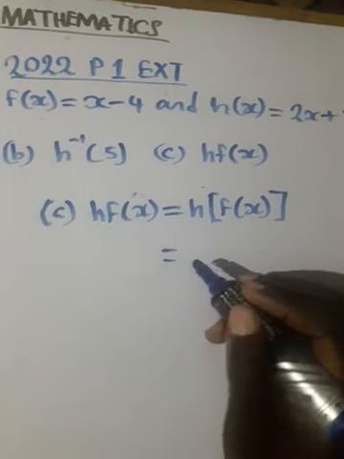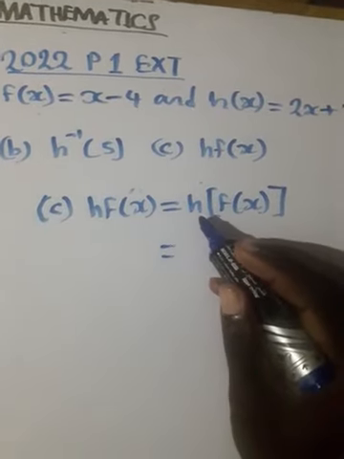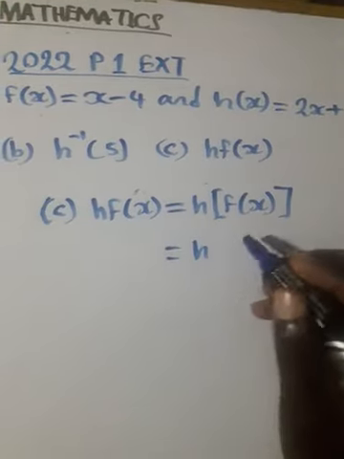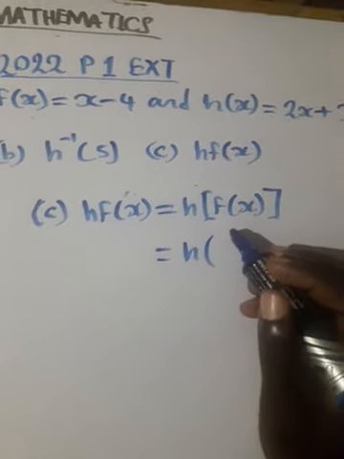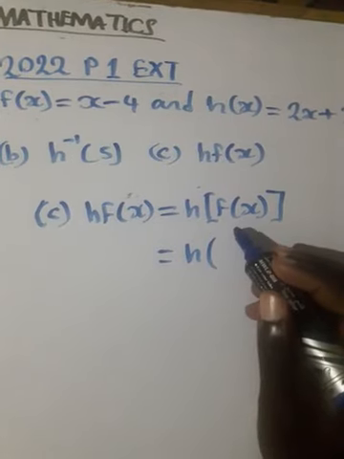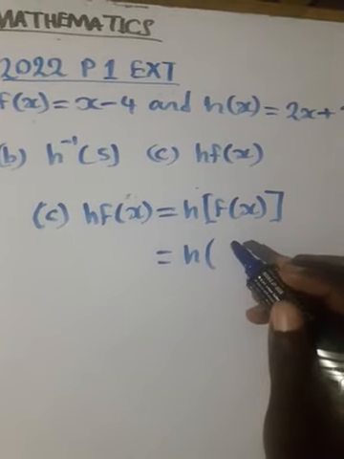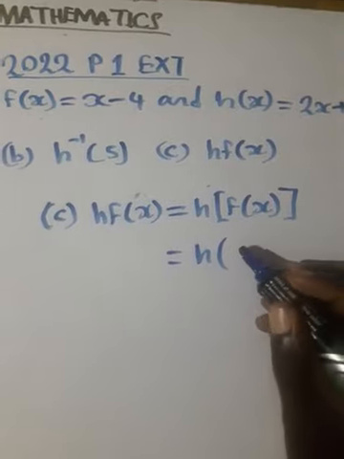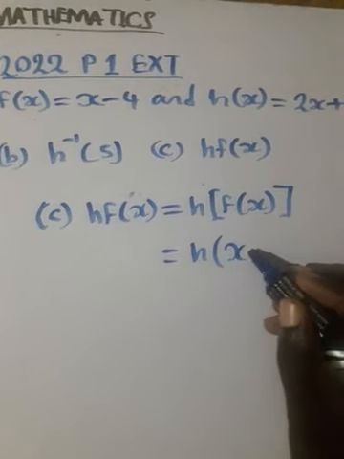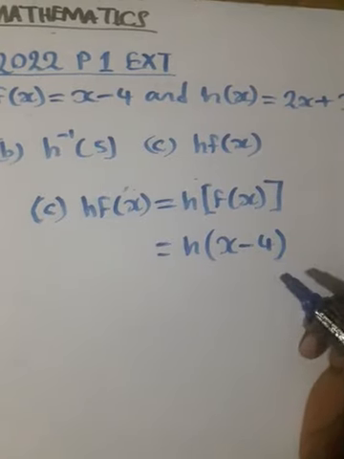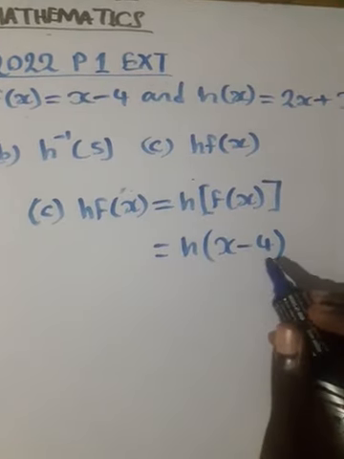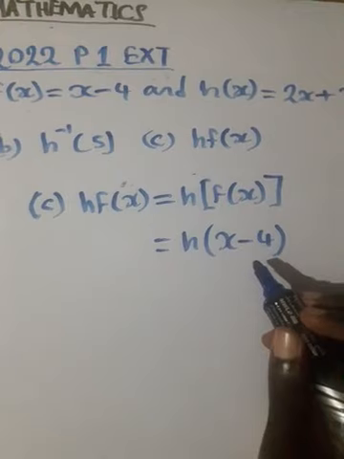So this will be equal to h open bracket f of x. So we have to get the expression for f of x, which is x minus 4. So now x minus 4 is our domain.